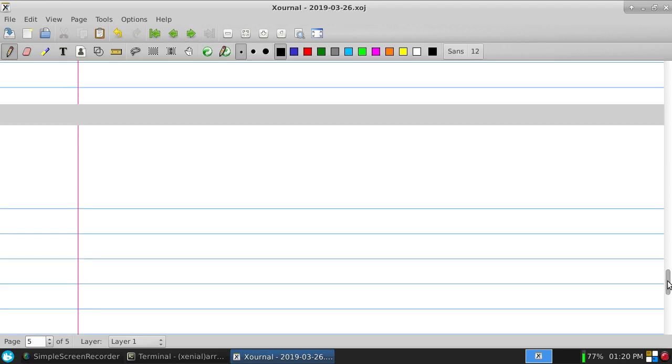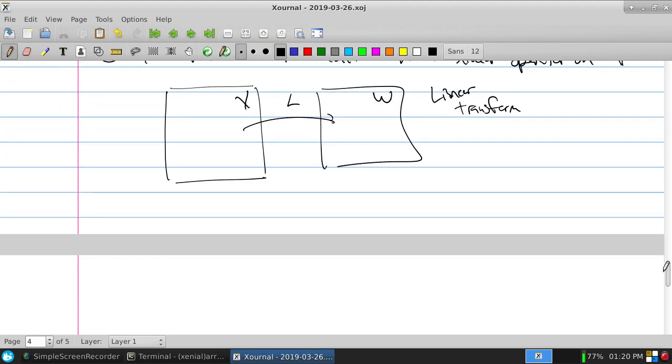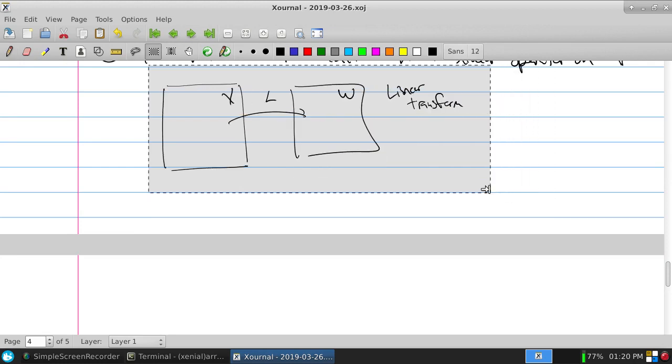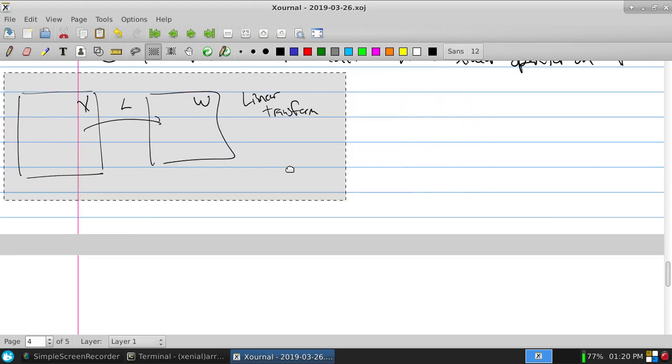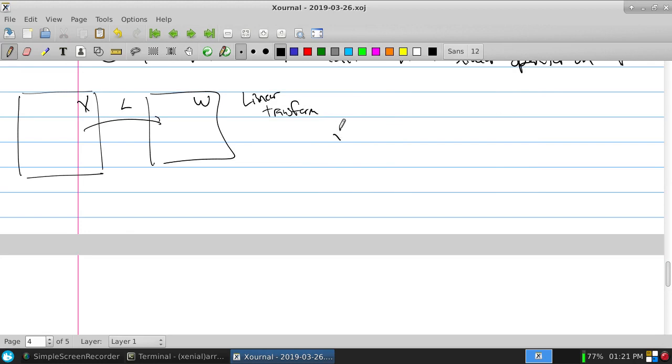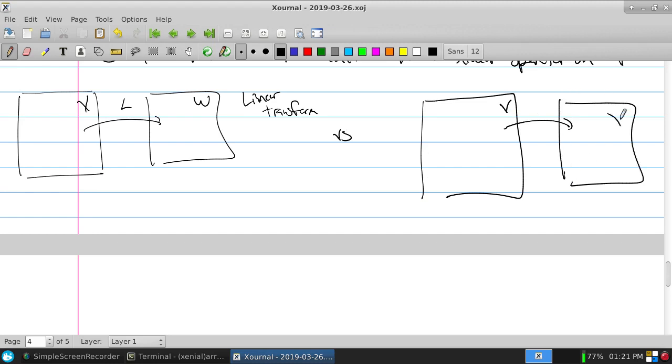The idea of an operator versus a transform is to say that instead of going from V to V, we take this V and pull it back into the other one.